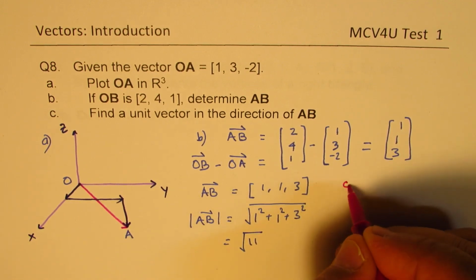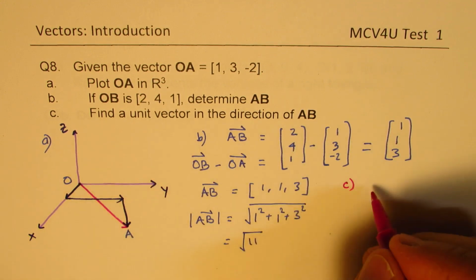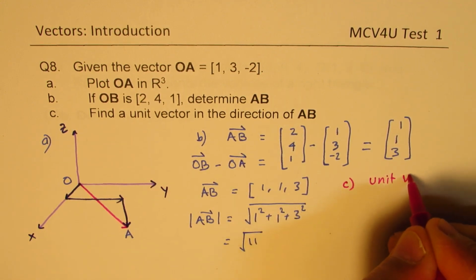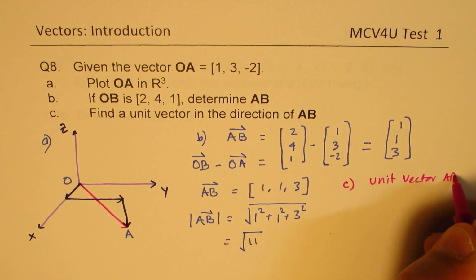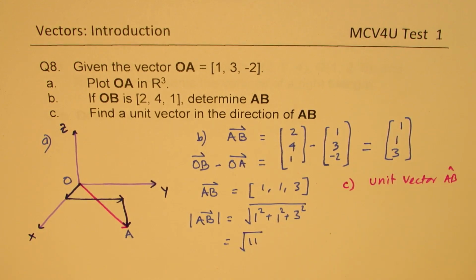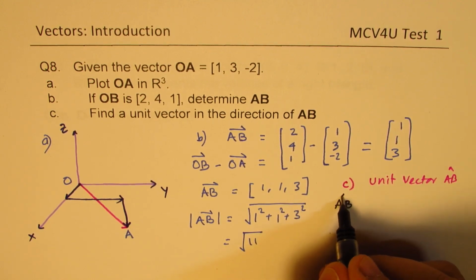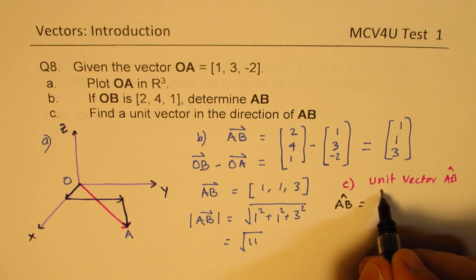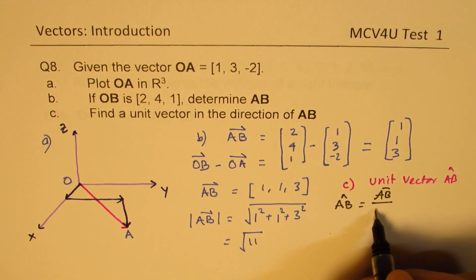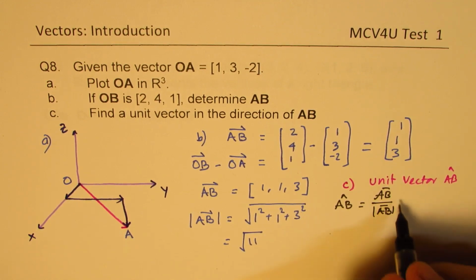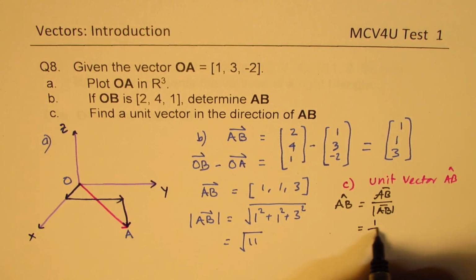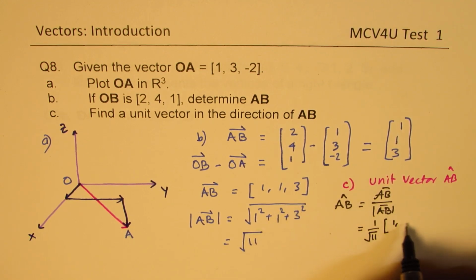So when you do part C, that is the unit vector, which could be written like this. Unit vector AB will be the vector AB divided by its magnitude, correct? So in our case, it is equal to 1 over square root of 11 times the vector AB, (1, 1, 3), correct?